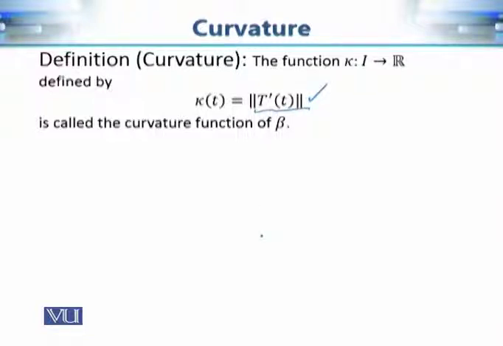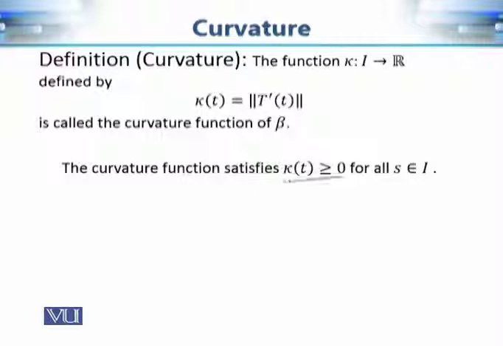So it is going to be a function of the parameter, and at any particular point it is going to be a number which tells me the rate of turning of the curve at that particular point. The curvature function, of course, is always going to be non-negative for all parameters in the open set I, which is the domain.